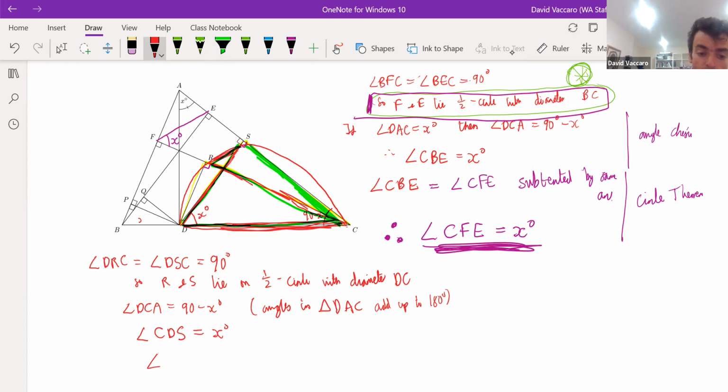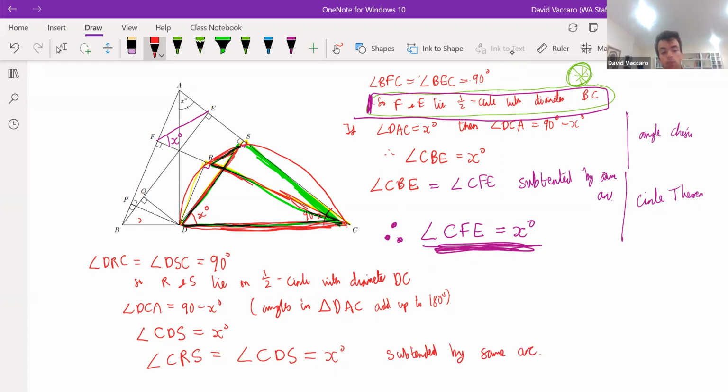So angle CRS is equal to angle CDS is equal to x degrees, subtended by same arc. Now I'm aware we're doing geometry, but hopefully if people were happy with the first argument, they're happy again. Here we've used the converse to a circle theorem to draw a circle.